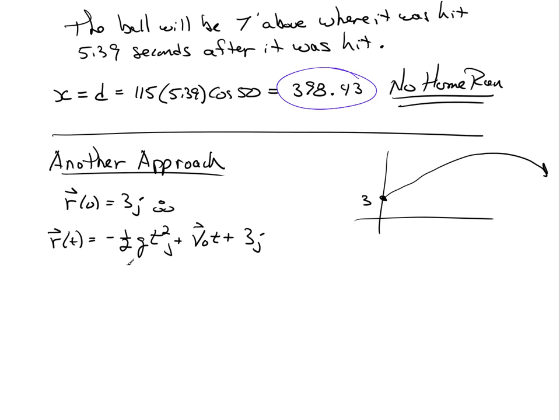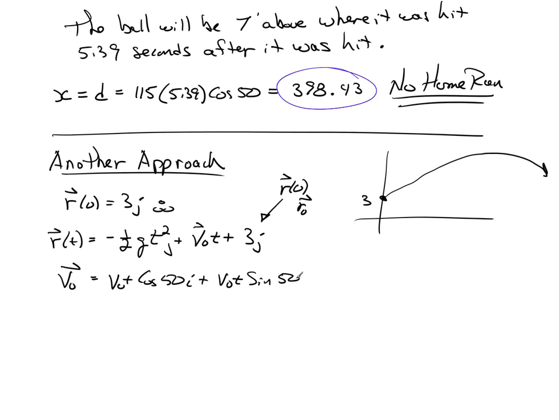And what I did is I simply added r naught, or r of 0. v naught equals v naught t cosine of 50i plus v naught t sine of 50j.